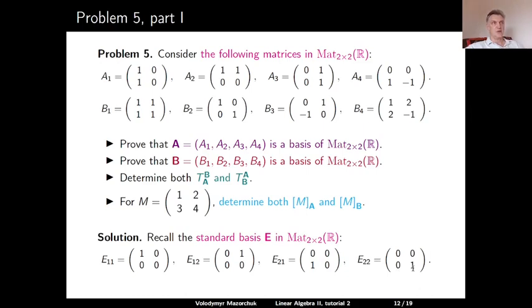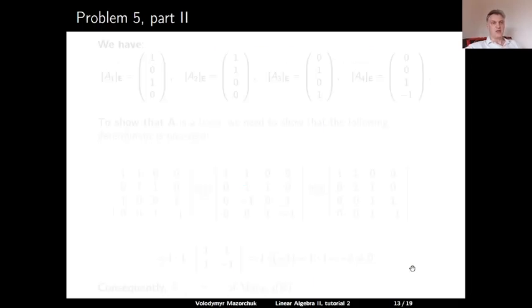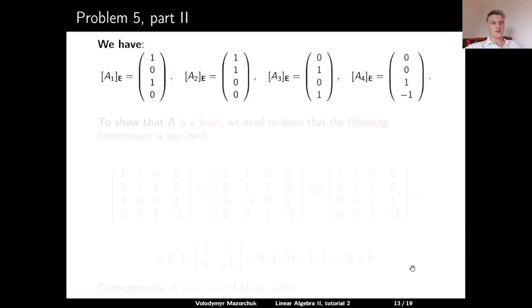So we can now use this standard basis to translate all other elements of our vector space into coordinate vectors with respect to the standard basis. And then we can do what we usually do for all vector spaces. So let us start by proving that the collection A is a basis. For this, consider the coordinates of all vectors in this collection in the standard basis.